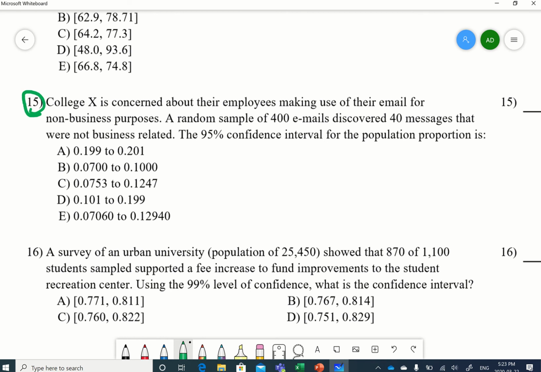A random sample of 400 emails discovered 40 messages were non-business related. So that's their sample. Sample size is N. And out of this 400, 40 were non-business related. So the 95% confidence interval for population proportion.